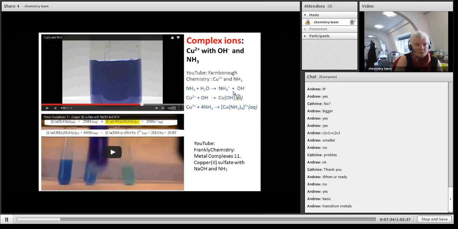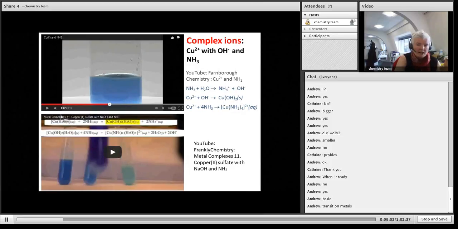So my copper ions are going to react with those basic OH ions. So before it even starts with the ammonia, it's going to react with those OH ions, and I'm going to get an insoluble copper hydroxide solid being formed. So if I take it back a bit, can you see it's gone all cloudy? And that's that white precipitate of copper hydroxide being formed.